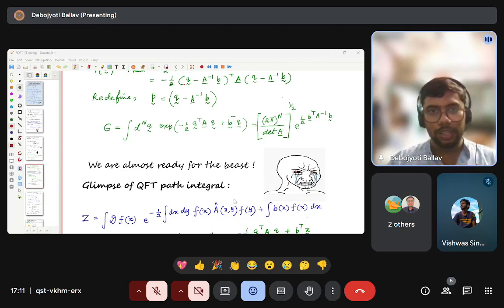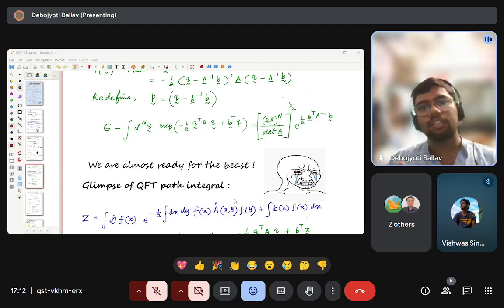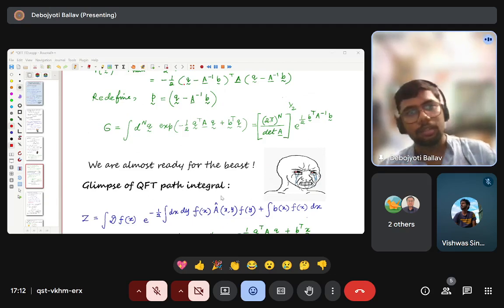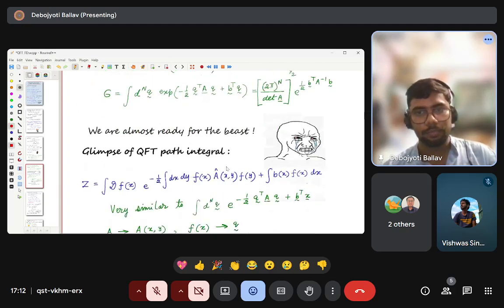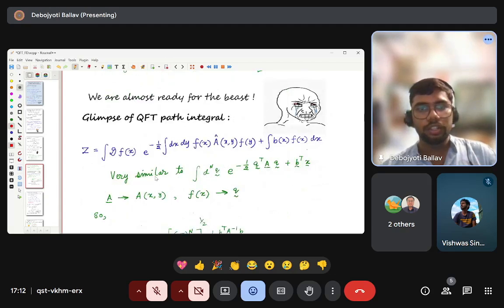So you can write them like an array, you take the answer from your earlier version, and you elevate all those operators in terms of functions or operators or arrays. So it is very similar to this integral. You think of this A(x,y) as some matrix A, and you think of this f of x as some n dimensional vector q.